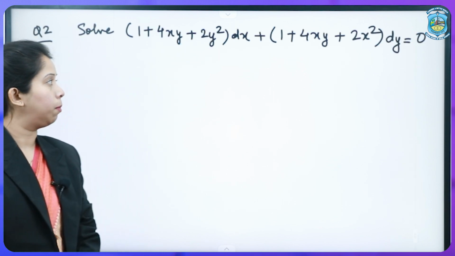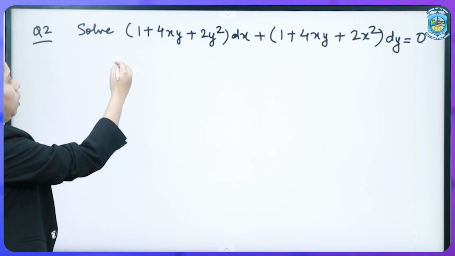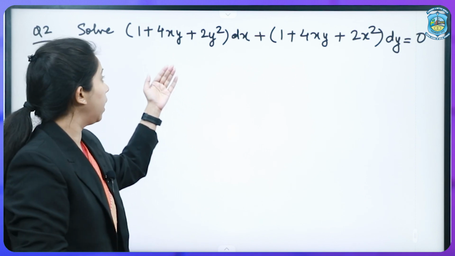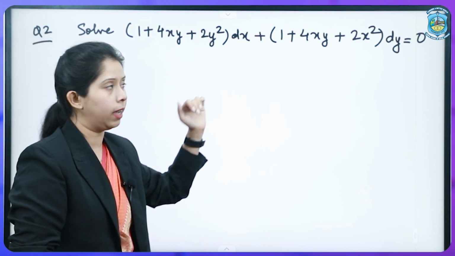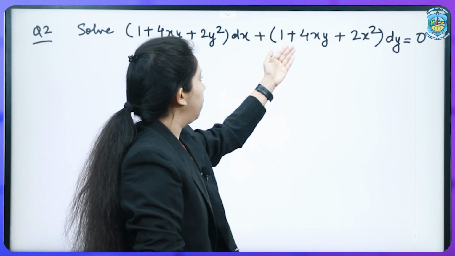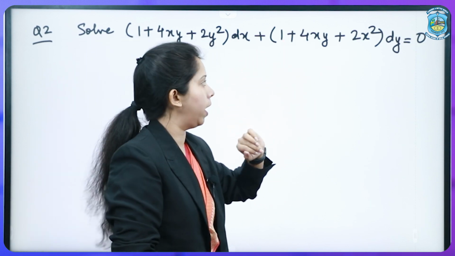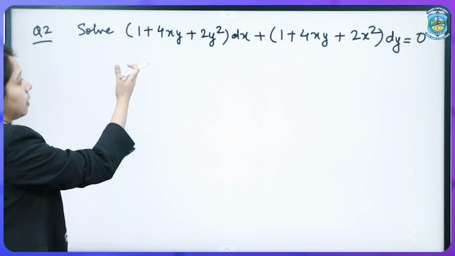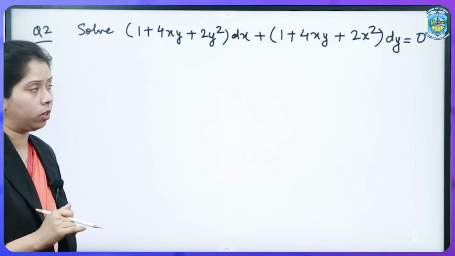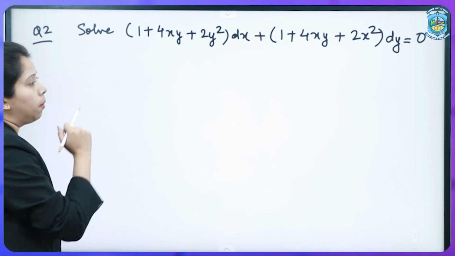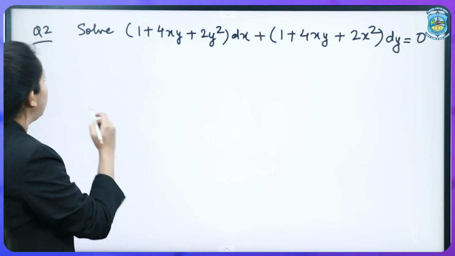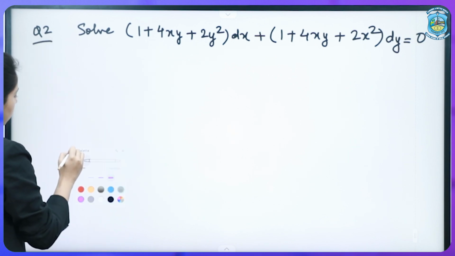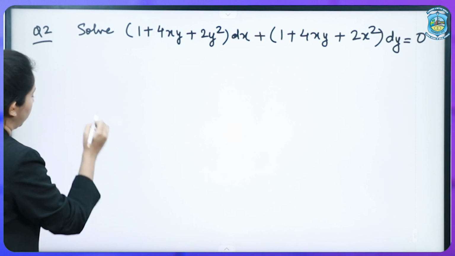Next, question number 2: you have to solve (1 + 4xy + 2y²) dx + (1 + 4xy + 2x²) dy = 0. We can clearly see that this differential equation is of first order, but here the variables cannot be separated. So we will use this new method to solve the following differential equation.